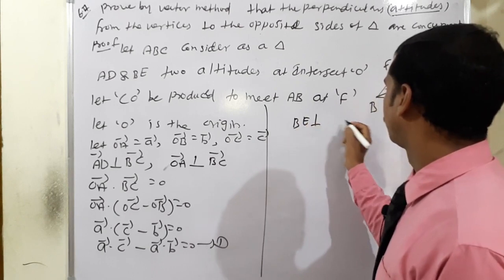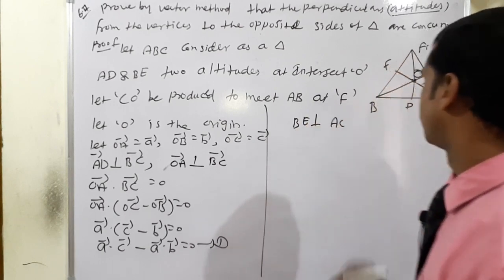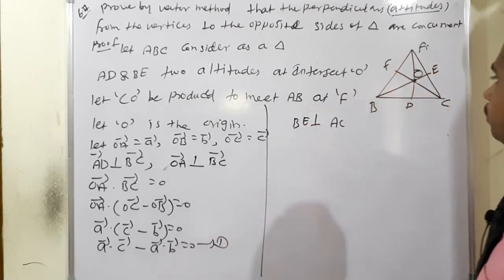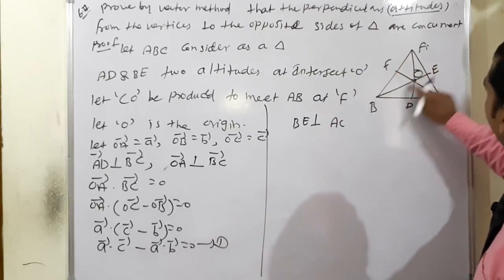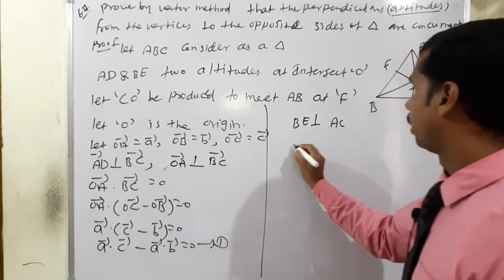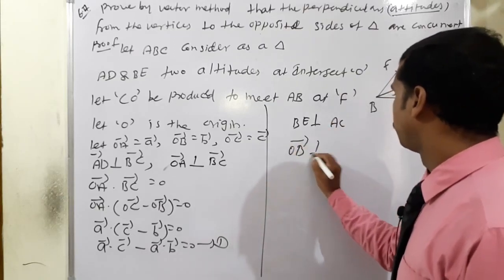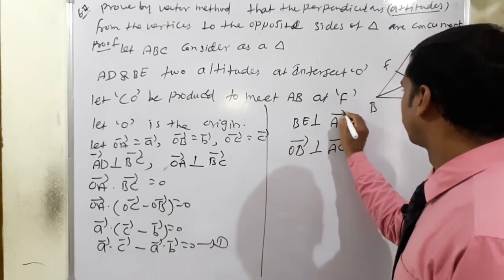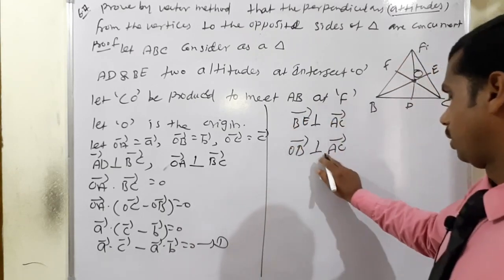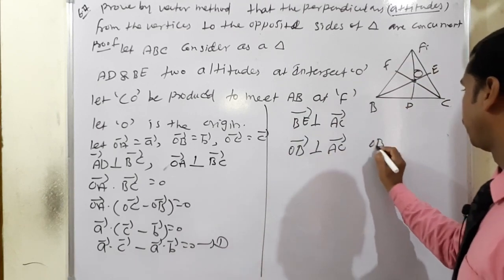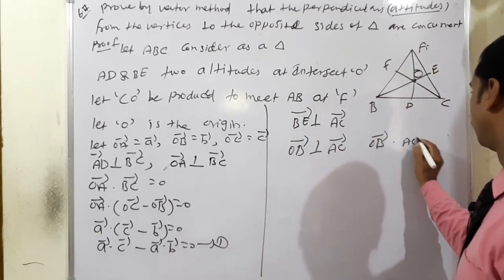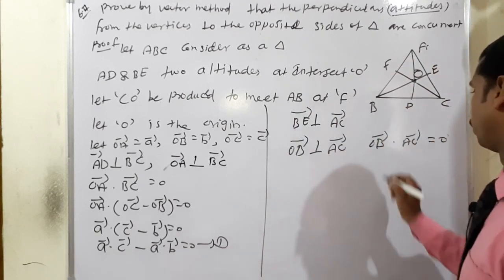BE perpendicular to AC means OB is also along it. Therefore, OB is perpendicular to AC vector, so we can write OB vector dot AC vector is equal to 0.